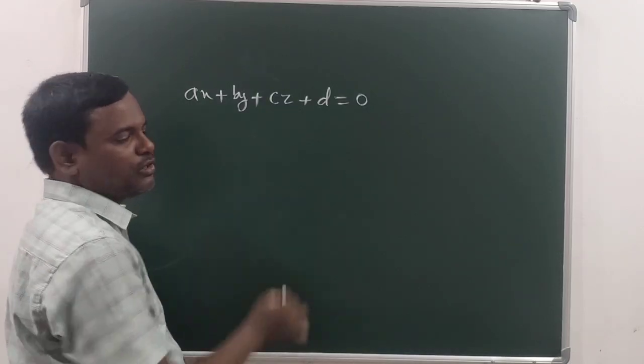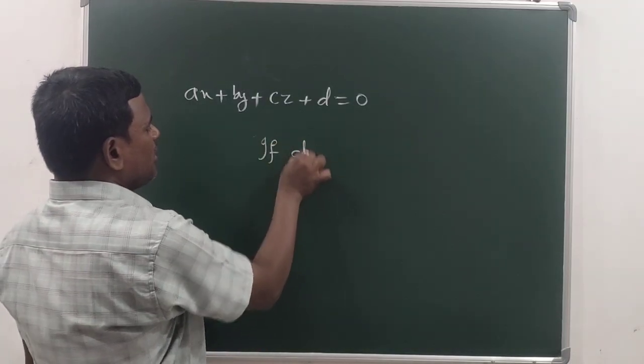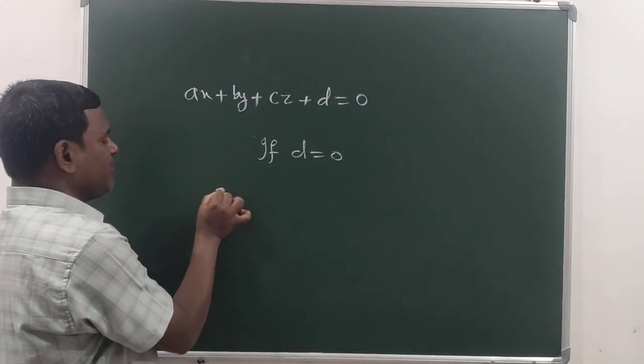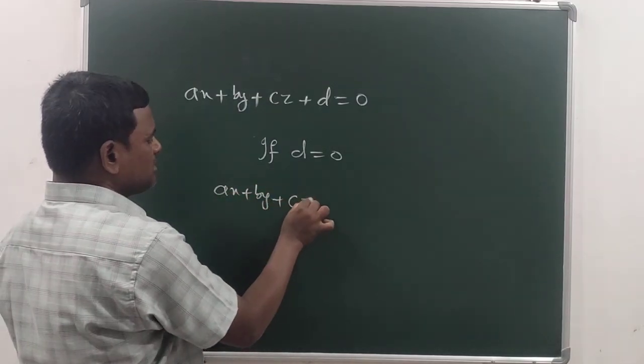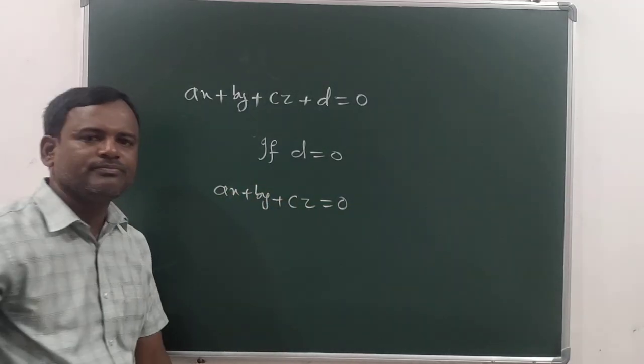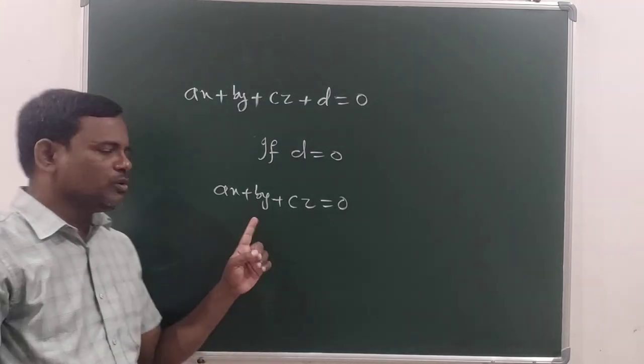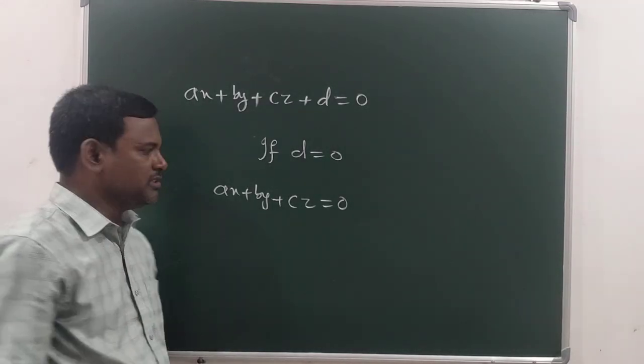If d is equal to 0, then this plane equation will become ax plus by plus cz equal to 0. So this passes through the origin.